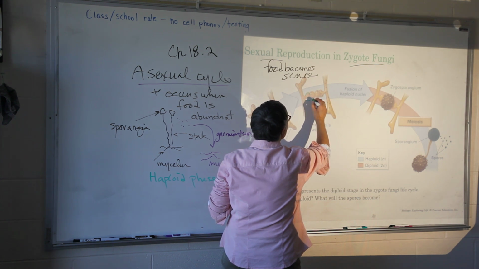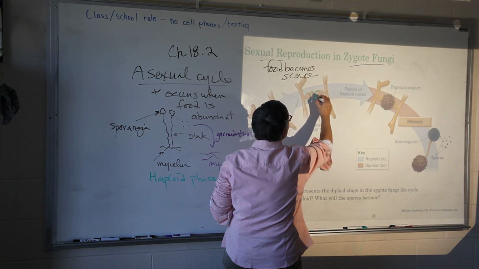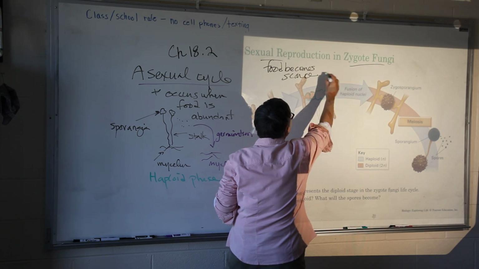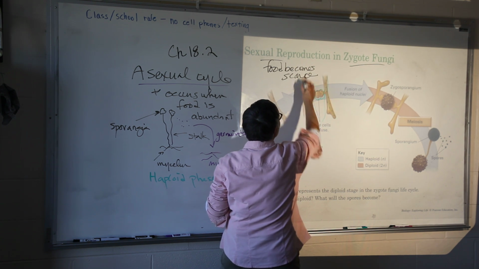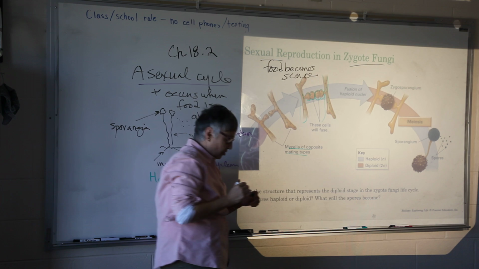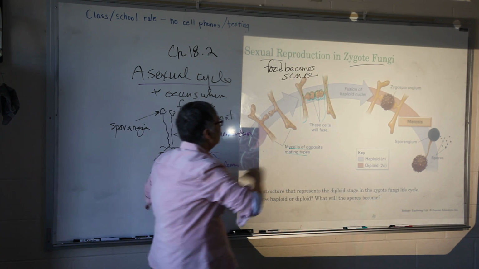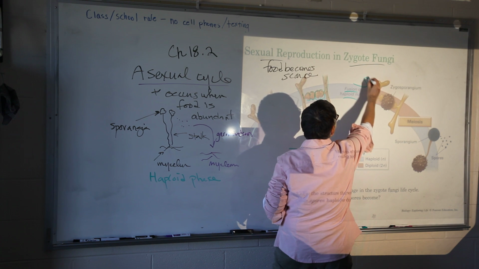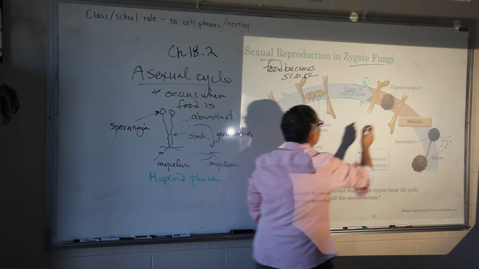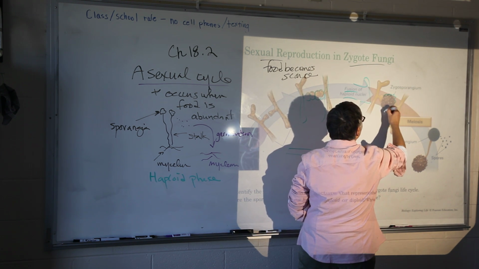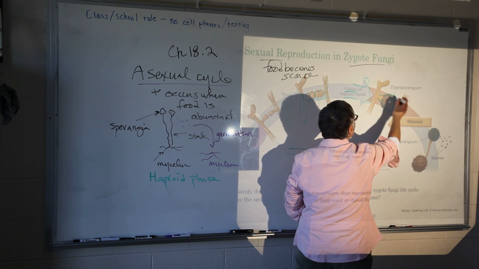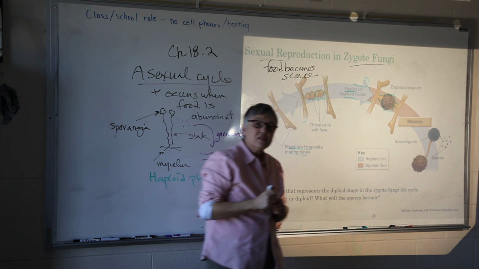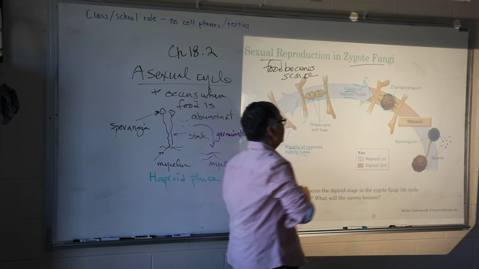Here we have those structures that are going to actually join here in the very center. So this is where we see fusion, and we produce a structure in the center that's called a zygosporangium.